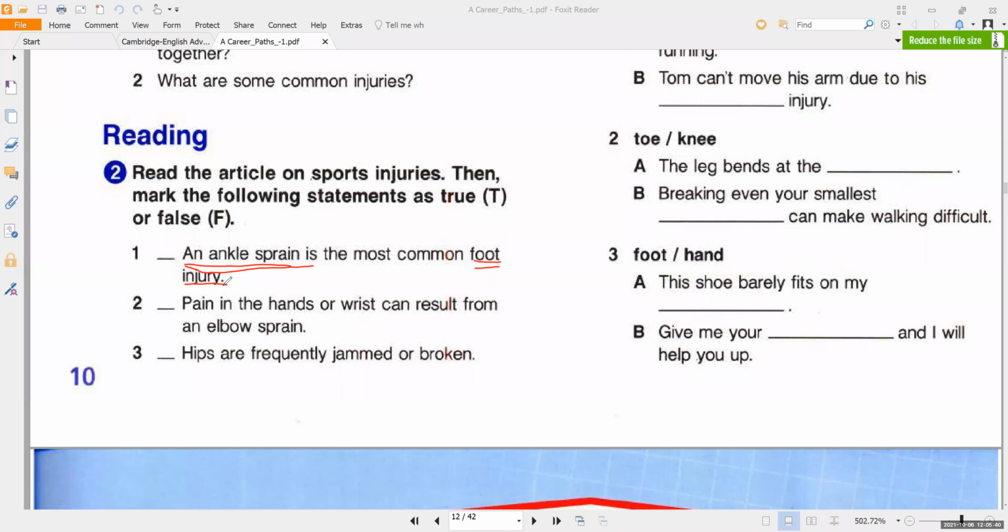This can result from a blow to the knee or a sudden twist. There could be pain throughout the leg. Elbow sprain. An unnatural arm movement can cause an elbow sprain. Pain can be felt through the arm to the wrist or even the hand. Shoulder dislocation. A hard blow can knock the shoulder out of place. This is very painful. Hips can also be dislocated. Fingers and toes. These appendages are often jammed or broken.